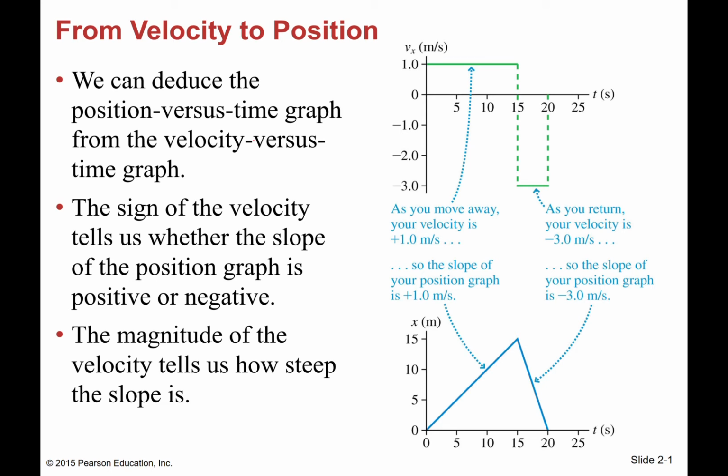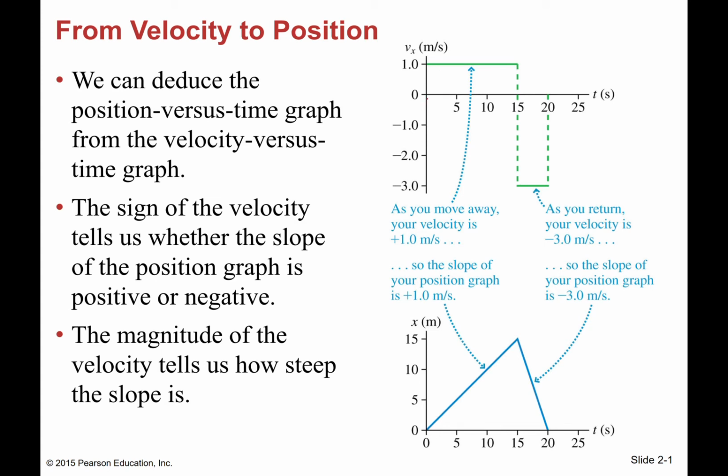So to deduce the position versus time graph, we need to look at the signs of the slope. For instance, here we have a velocity versus time graph. In this axis we have velocity, and here we have time. Velocity is in meters per second, and time is in seconds.